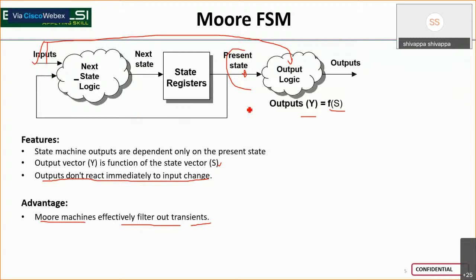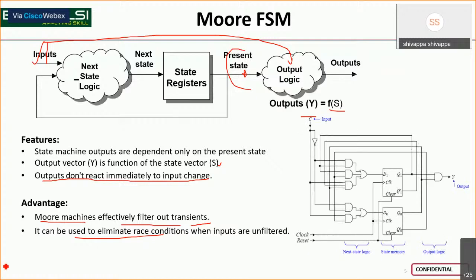Because this is coming further from the state register, it will even out any transients happening at the inputs. That's how it can be used to eliminate any glitches or race conditions.